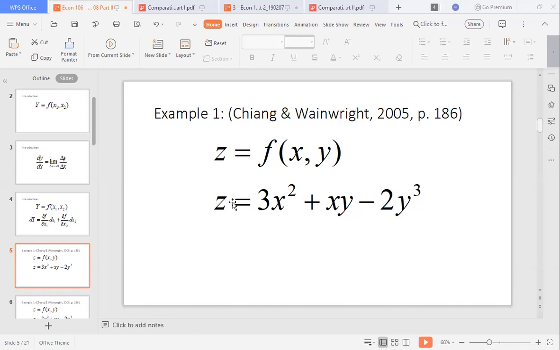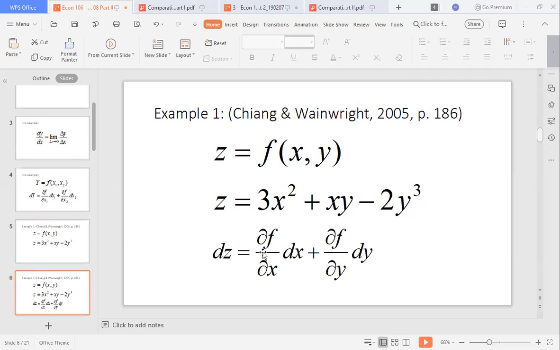When you're taking the total differential of z, class, again, it would be getting just the partial derivative with respect to x multiplied by the change of x, dx, and then also adding the partial f partial y multiplied by dy.